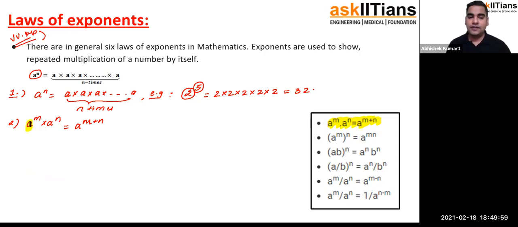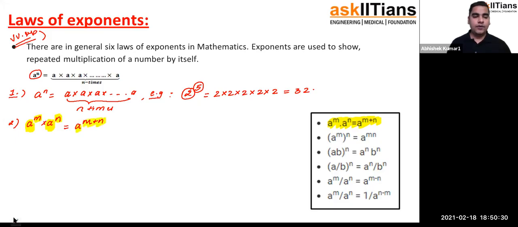Here the base is a, and here the base is a. If the base of both the exponential terms which are to be multiplied is exactly same, all you have to do is add the powers. Here the power is m, here the power is n. So this will be same as a raised to the power m plus n.